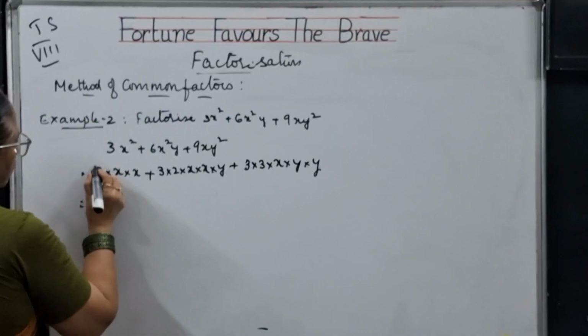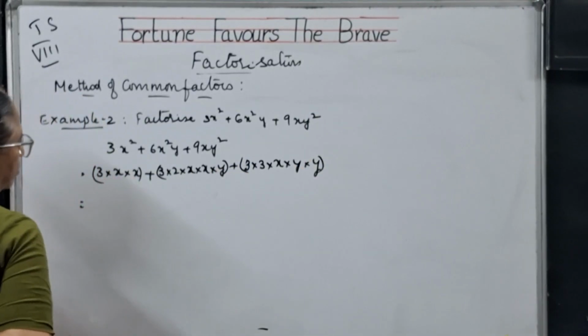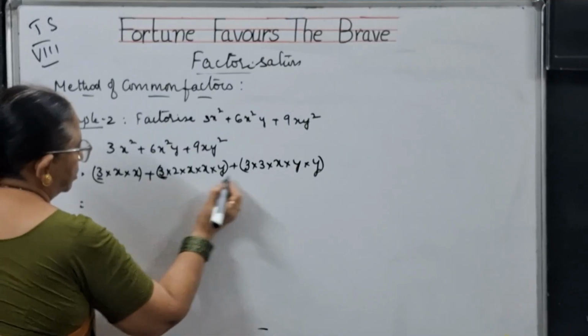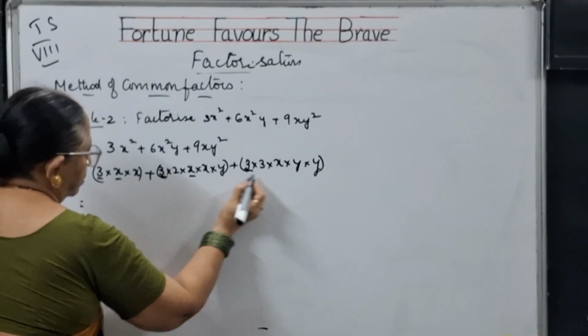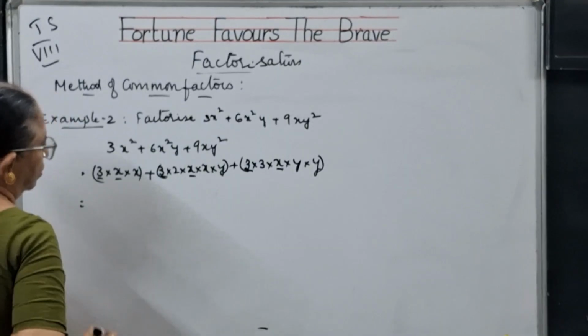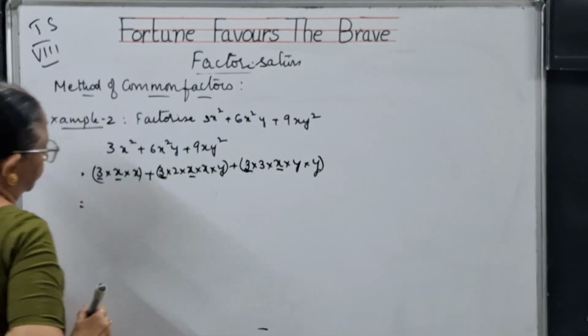So this is one, this is second one, this is third term. So in all these 3 is common. In all these x is common. Y is there in both of these, but there is no y here.